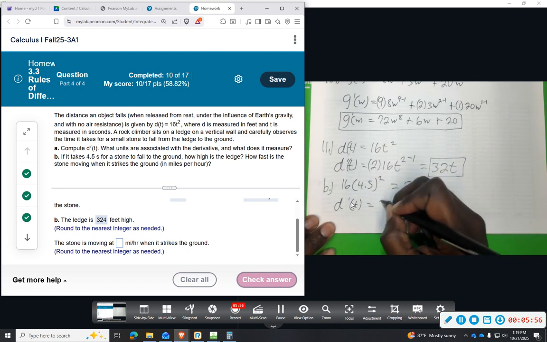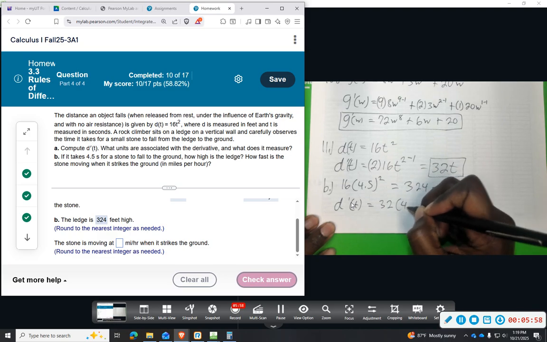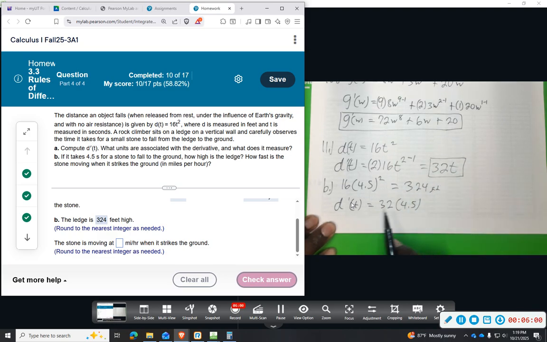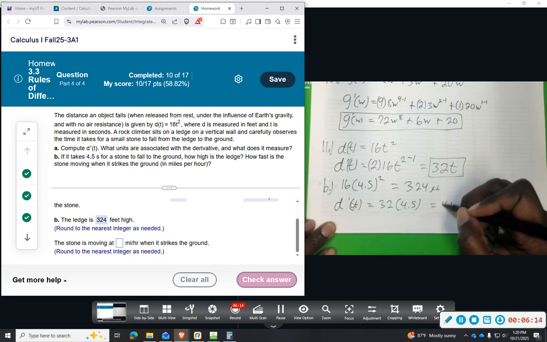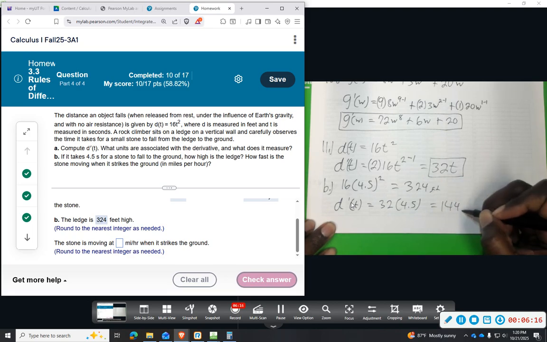which was 32 times 4.5, so 144. So this thing was going 144 feet per second.